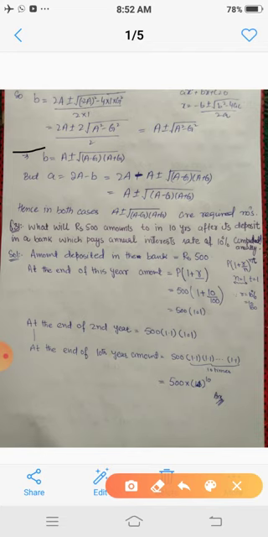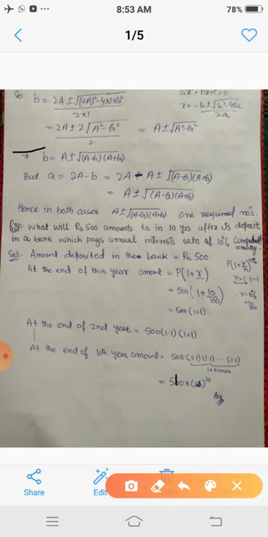Now the last question is, what will rupees 500 amount to in 10 years after its deposit in a bank which pays annual interest rate of 10%, compounded annually.